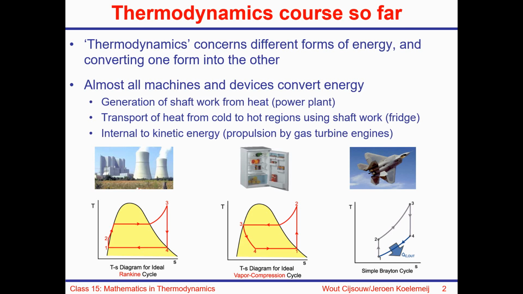And the nice thing is that we've learned also about thermodynamic cycles to describe the thermodynamic processes that take place in these devices. So we've seen, for example, the Rankine cycle, which is great because it allows us to estimate, for example, how much work you can get given a certain amount of heat that is added to the system.